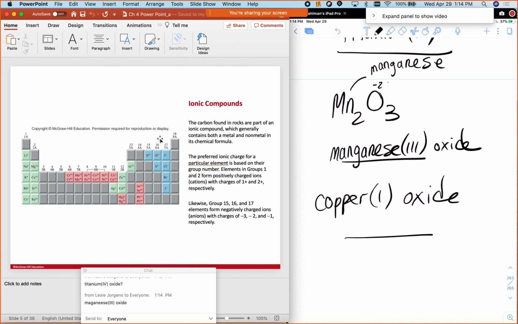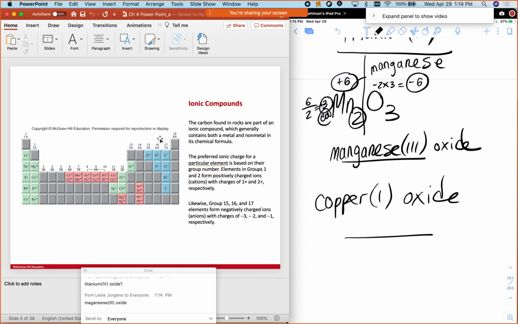So it's -2 times 3 is a -6. So this whole other side has to equal +6. And you have 2 of them, so it's like 6 divided by 2. Each of them are +3.